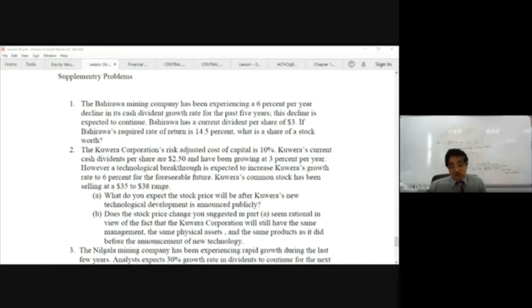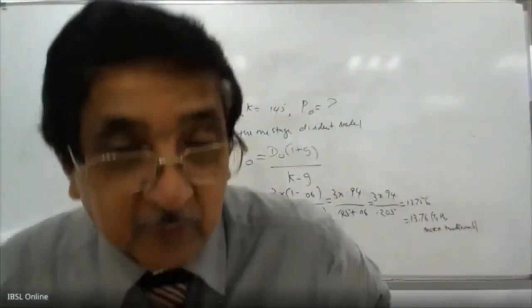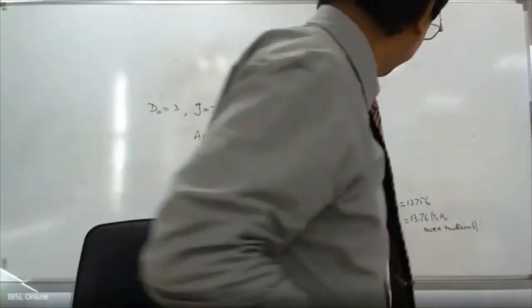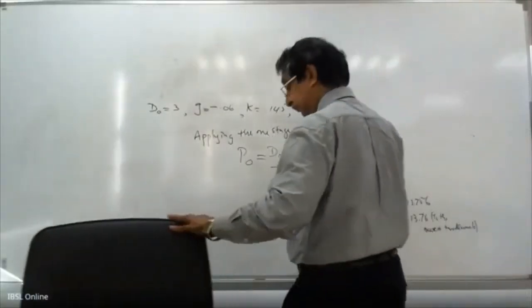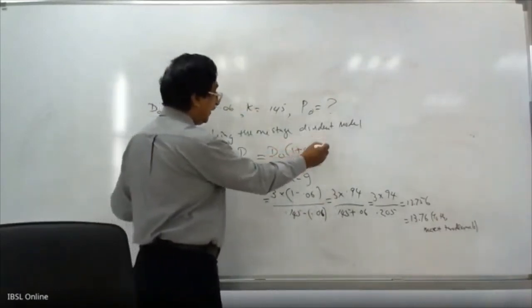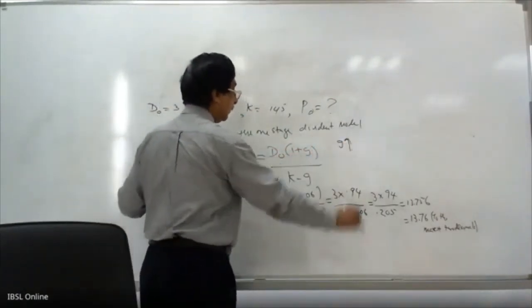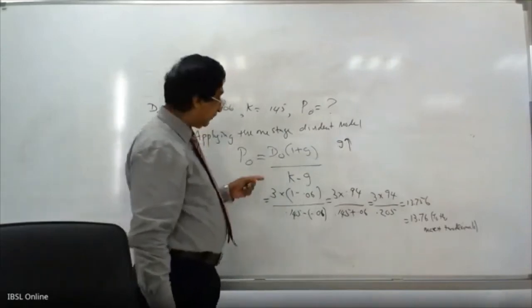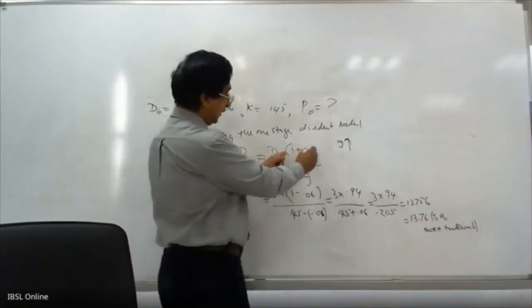Now, I will show you how it happens. Now look at this formula. When G is going up, what will happen to this?